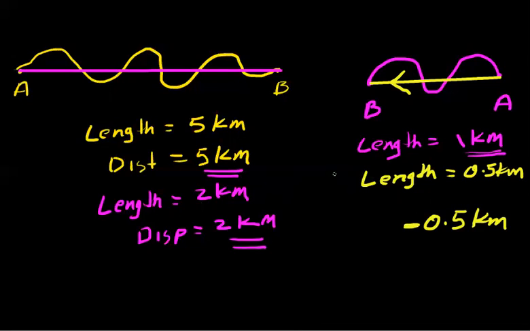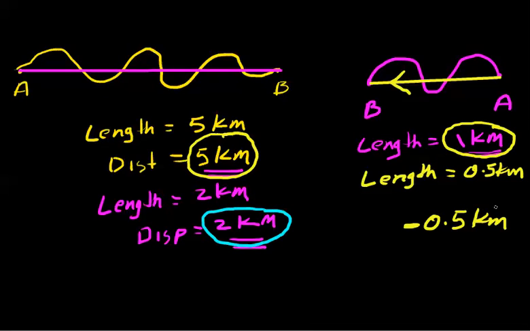Distance will always be positive, no matter if the body goes from A to B or B to A. But displacement can be positive, as in this case, or negative, as in this case. So that is the second difference: distance is always positive, and displacement can be positive or negative.